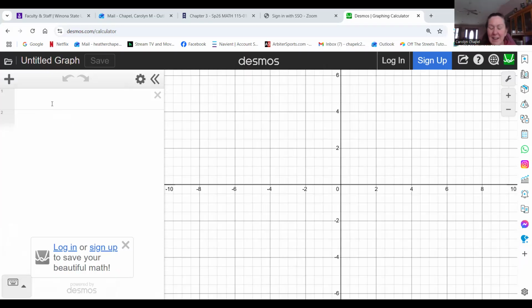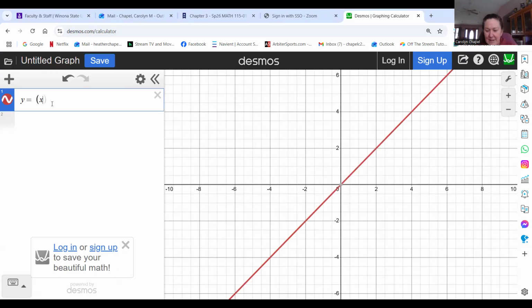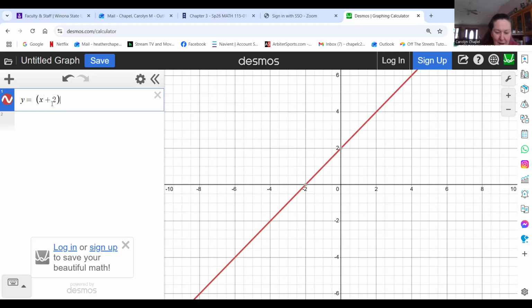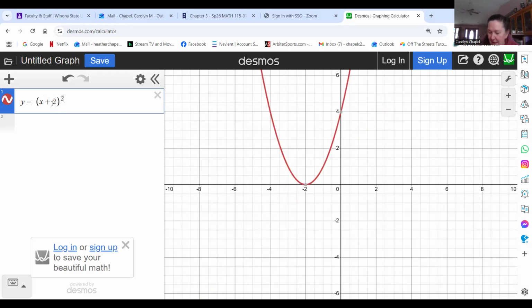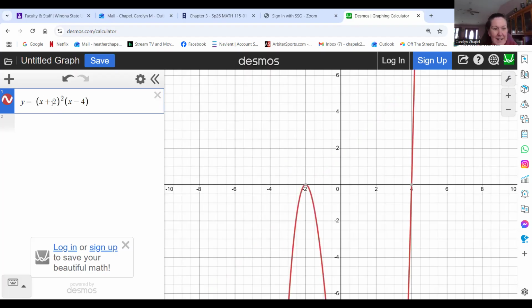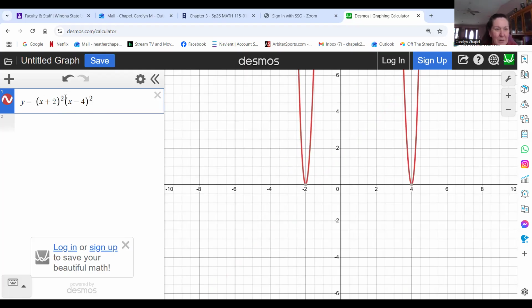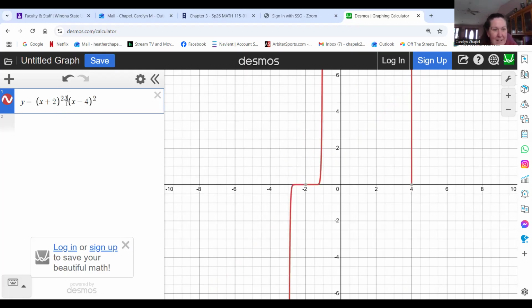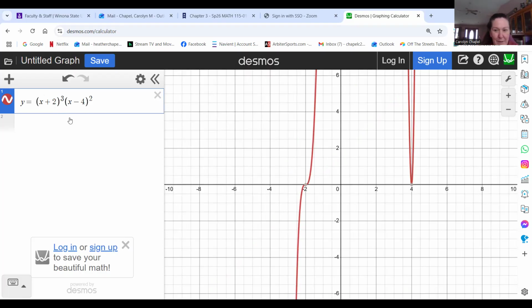Okay, so in here, I will type the function that we had, and I'll do y equals. And we had x plus 2, and that was squared. And then we went right into x minus 4, and that was to the second power. And I guess this was cubed, not squared. Oops. There we go.